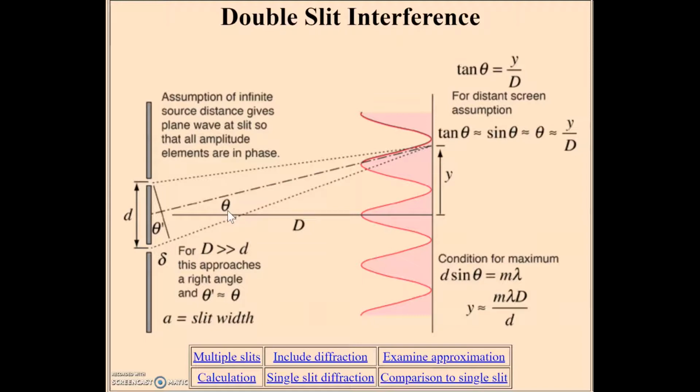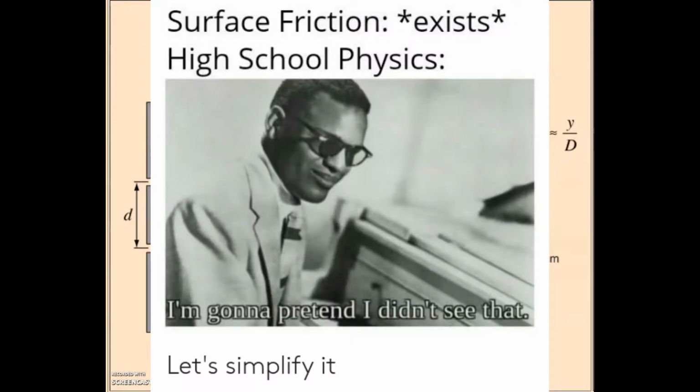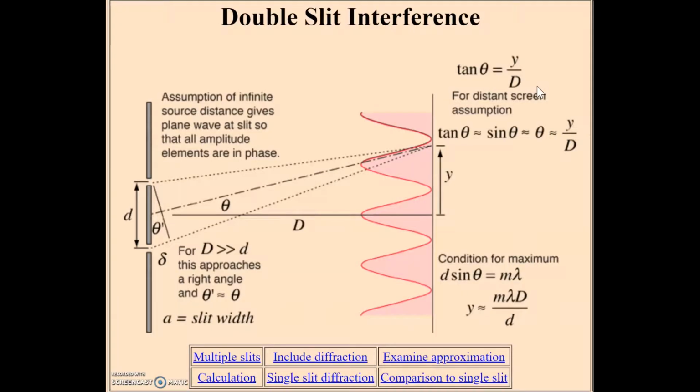Physicists love to simplify things, so they just say that tan theta is equal to sine theta for very small angles, which they're not exactly the same, but they're close enough that physicists don't really care about the difference that much. That way you can find that tan theta is equal to y over d.